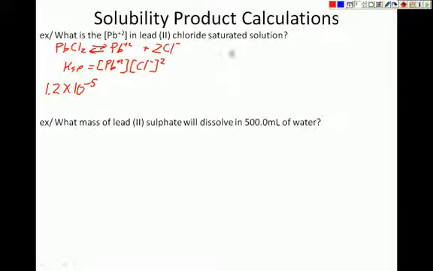So just to give myself a little bit more room, I'm going to rewrite this formula here. Again, it's a 1 to 1 to 2 ratio, or in other words, x to x to 2x.